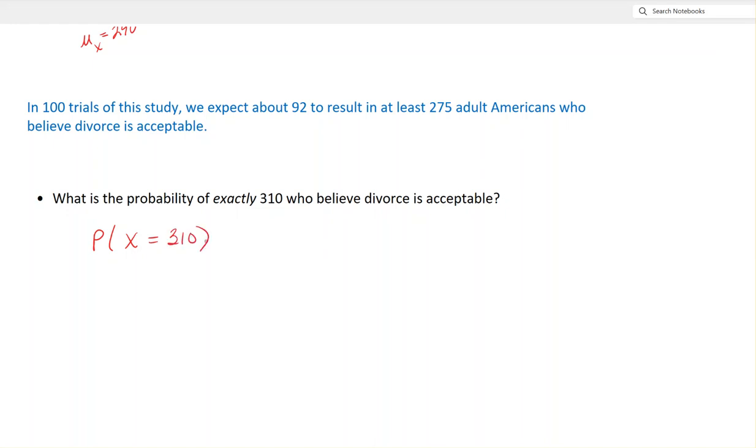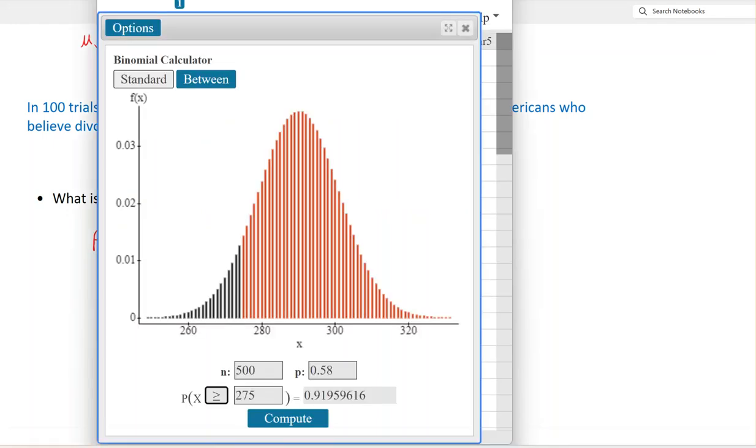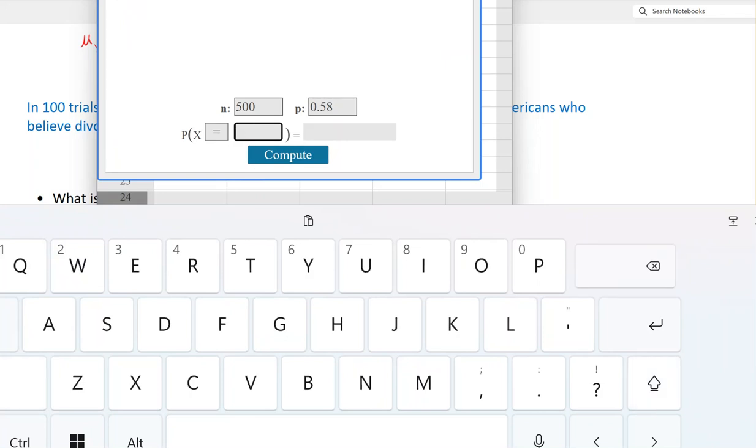So I don't know this probability. This is not something I can calculate. I'm going to have to go to my calculator in StatCrunch. The sample size is still the same for this question. The probability of success is still the same, but we're going to change my inequality symbol to an equal sign, and I'm going to change this to 310.